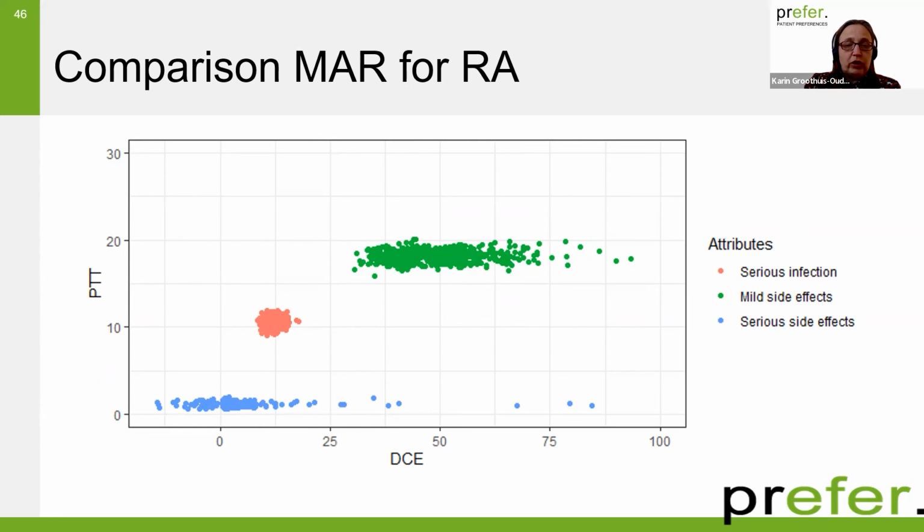The MAR estimates for the other risks are much more spread out for the DCE compared to the probabilistic threshold technique. And this might be due to the way the MARs are calculated in the DCE as a fraction between two coefficients, where if the denominator is small, the fraction becomes really large. So small differences between denominators can result in large differences in the MAR.